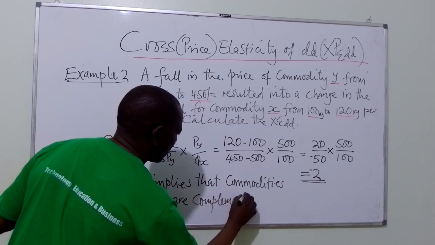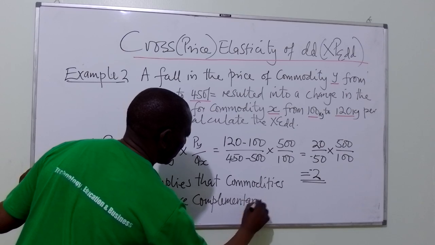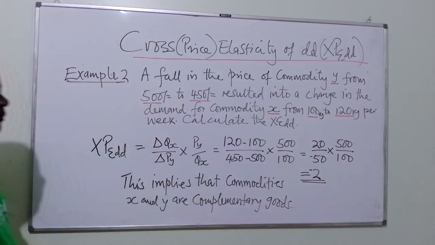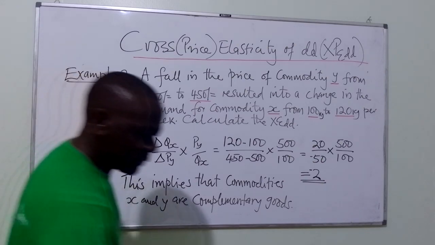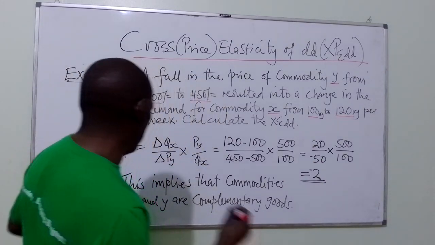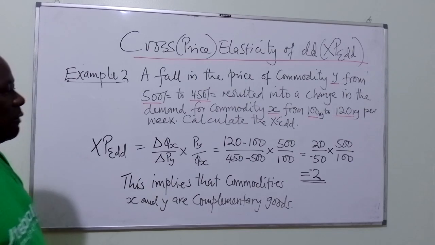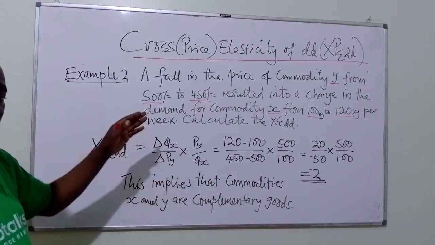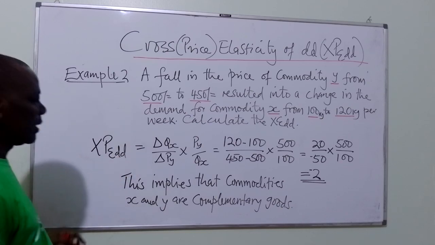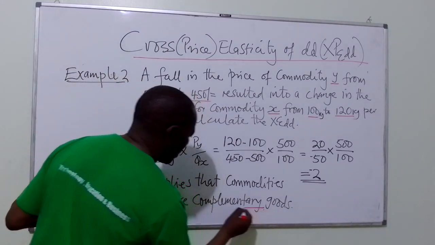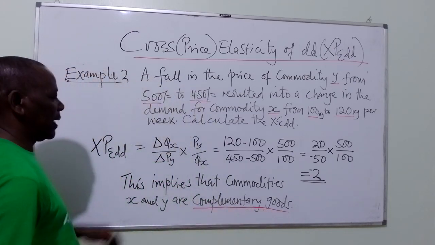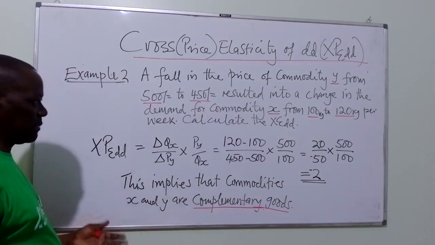I prefer saying that they are complementary goods. Both of these are complementary goods. So, what is the nature of cross price elasticity, or what is the nature of commodity X and Y? The nature of commodity X and Y is that they are complementary goods. That is the answer. That is what it implies.